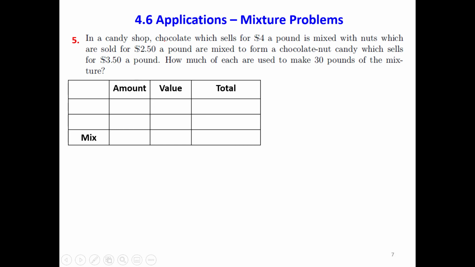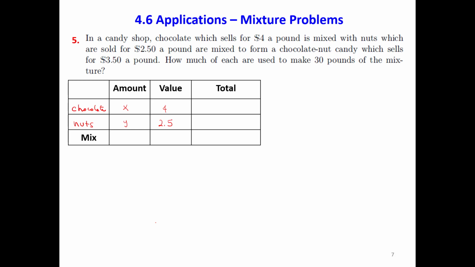Then we know the variables we need to find are the amount of chocolate and the amount of nuts. We don't know the amounts, so we will write the variables x, y, but we know the value for 1 pound. For 1 pound of chocolate it is $4, and for nuts it is 2.5.